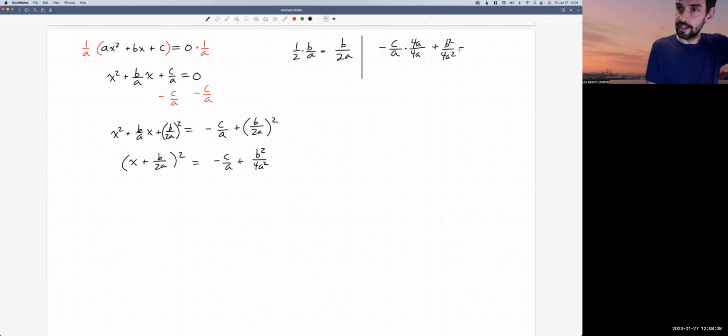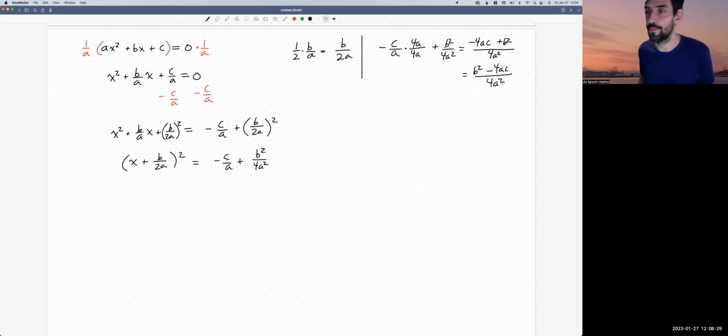So what do we get? I've got on the numerator 4a times c, or negative c, so I'll have negative 4ac, plus b squared, and all of this is over 4a squared. And just by convention, I'm going to write it this way: b squared minus 4ac all over 4a squared.